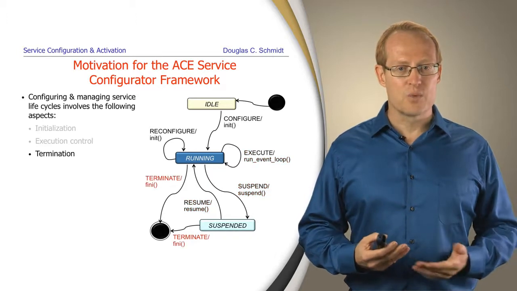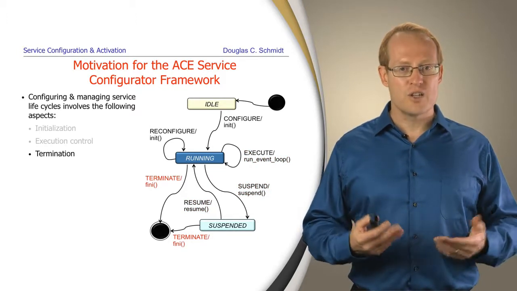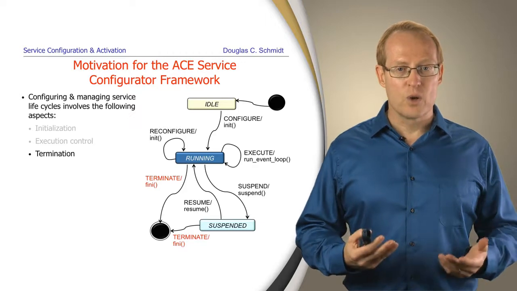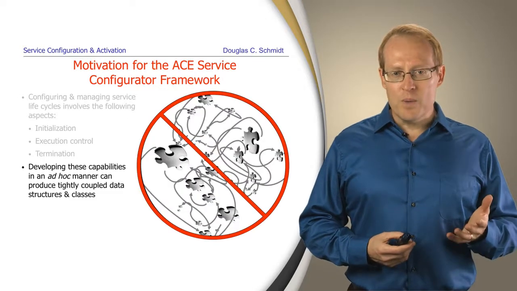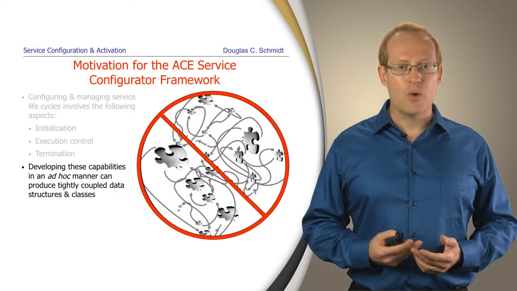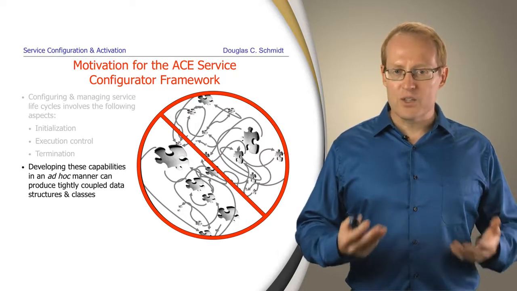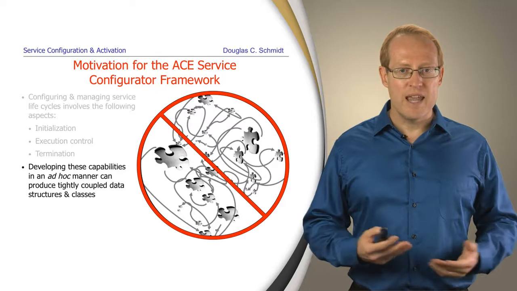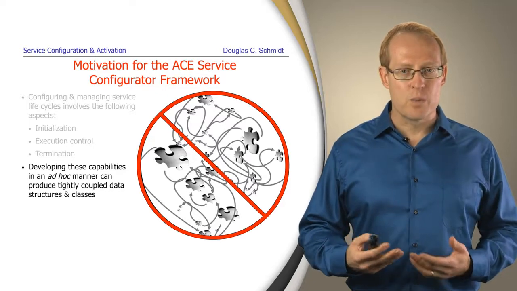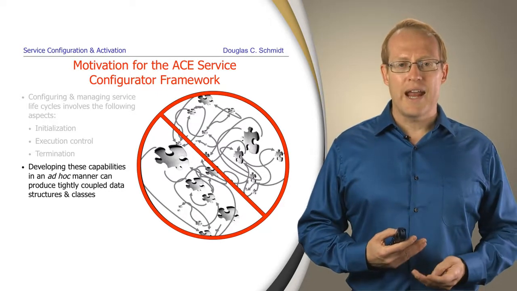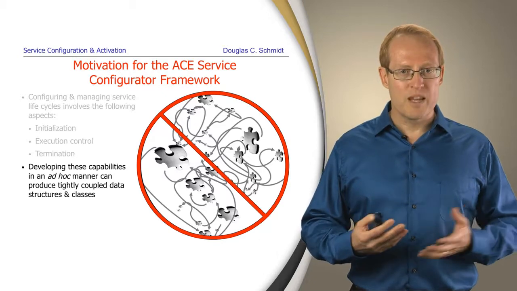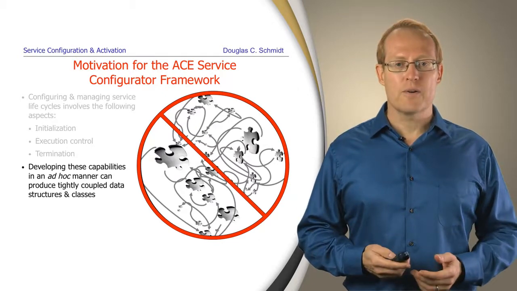And of course, it also deals with termination or finalization, shutting things down when they're no longer needed. If you implement these things in a very ad hoc way, you can end up with solutions that are tightly coupled, difficult to evolve, and difficult to maintain over time, because each service will be done in a slightly different way, and it'll be hard to control them in a uniform and centralized manner.